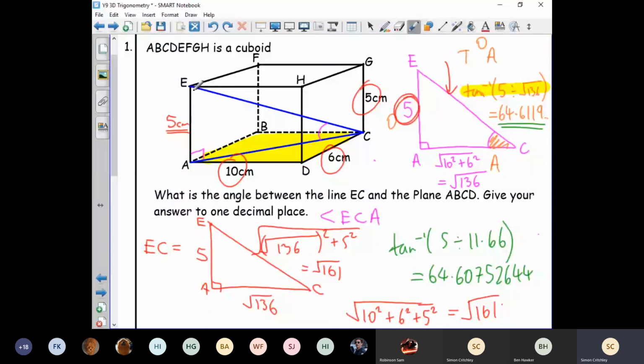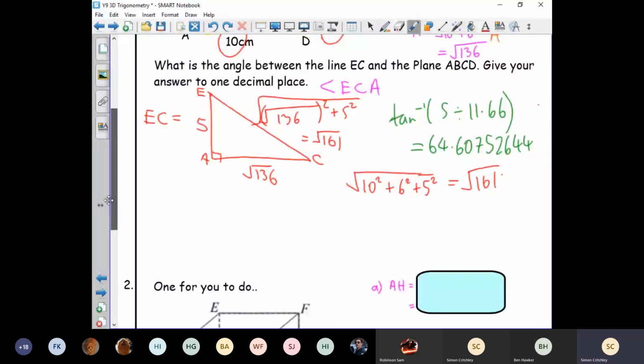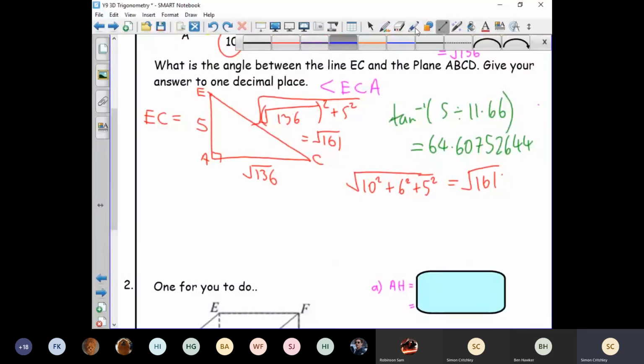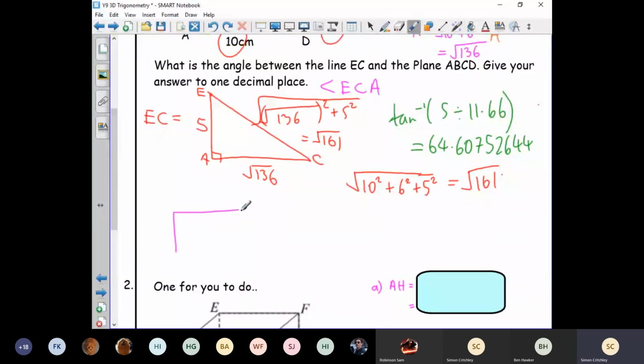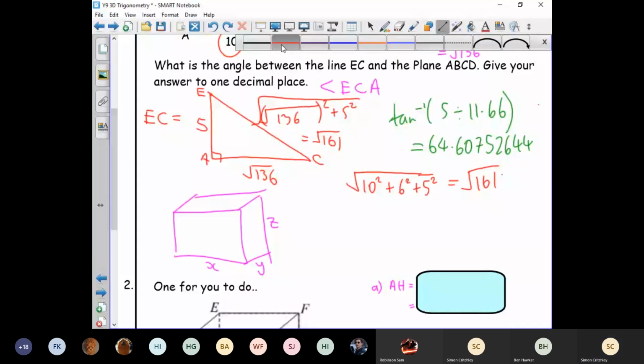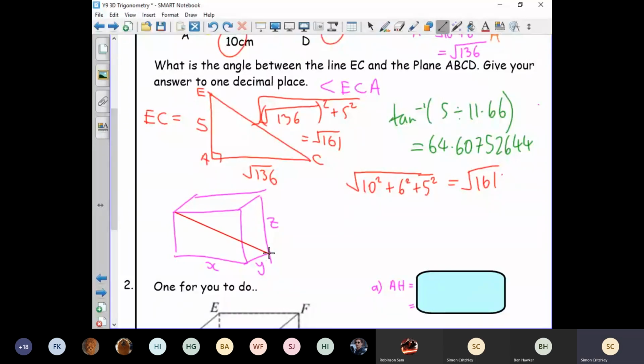Actually, the whole Pythagoras formula for 3D like this simplifies to, if I had a cuboid with lengths x, y, and z, say, the distance across this cuboid from the top corner to the opposite corner, or any other diagonal, because all those diagonals are going to be exactly the same length, is going to be the square root of x squared plus y squared plus z squared in one go.